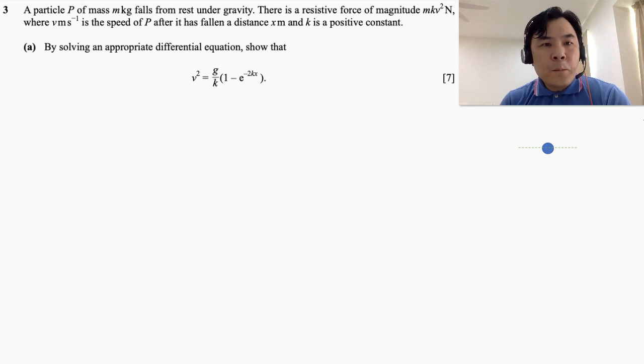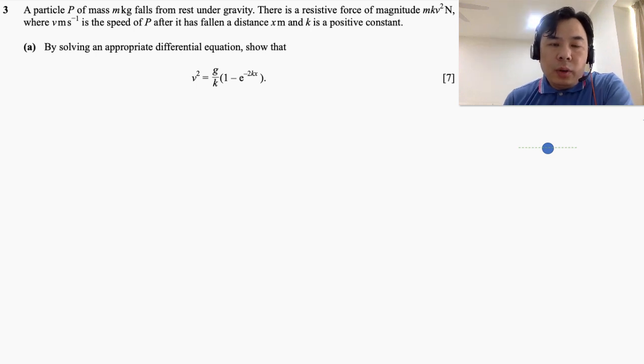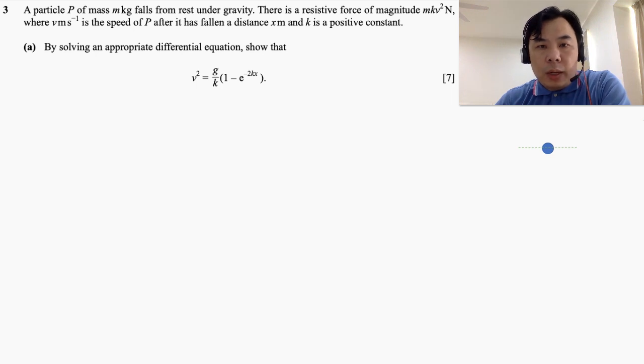By solving an appropriate differential equation, we need to prove that the velocity squared is given by this exponential equation. Before that, let's take a look at how the motion looks, and then we are going to incorporate all those parameters before we try to solve this.